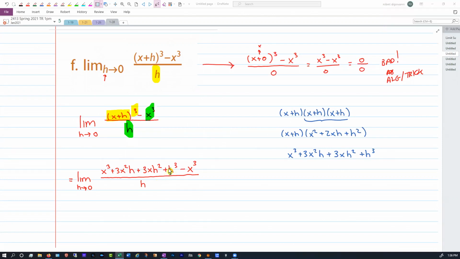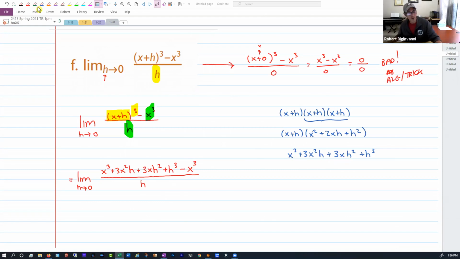Professor, quick question before we move on. I'm a little confused why it's 3x squared h and it wouldn't just stay as 2x squared h. Well, you need to actually do this multiplication. So you have to do x times x, that gives you x cubed. Then x times that gives you plus 2x squared h. And then the next one gives you xh squared. Then you start working with the h here. So h goes right there, and you get h times x squared.